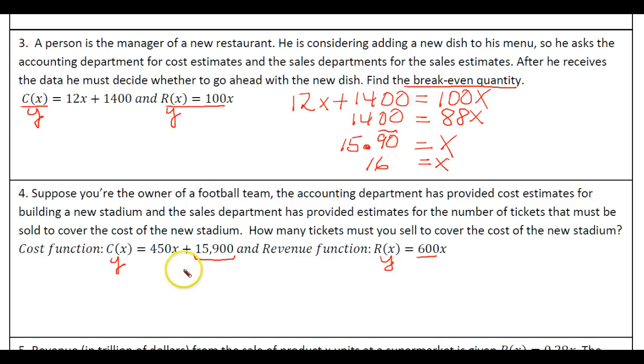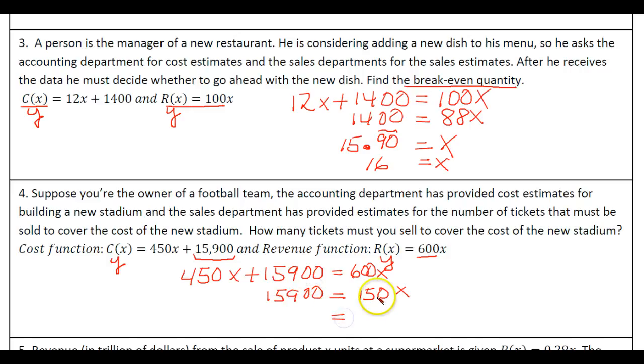So we have 450x plus 15,900 equals 600x. We're going to subtract 450x from both sides, and this leaves us with 150x there equals this.